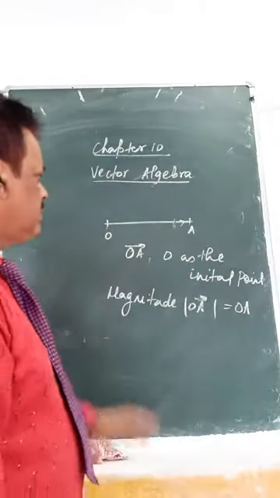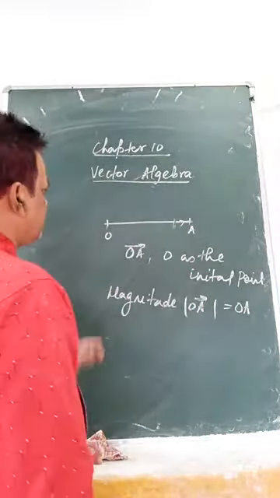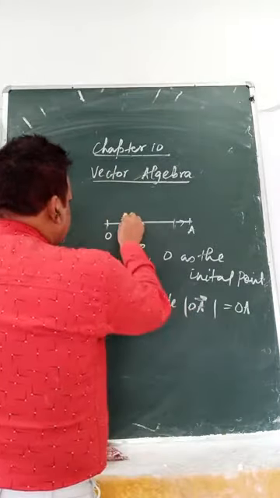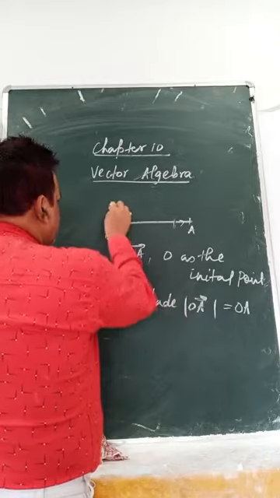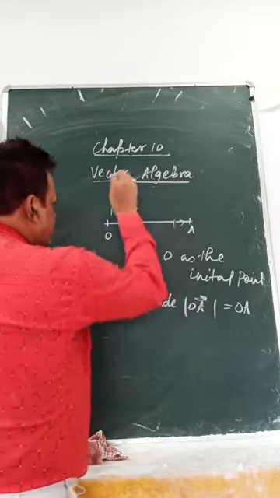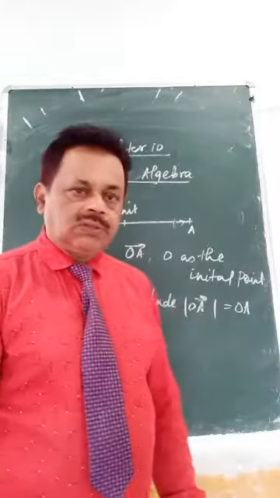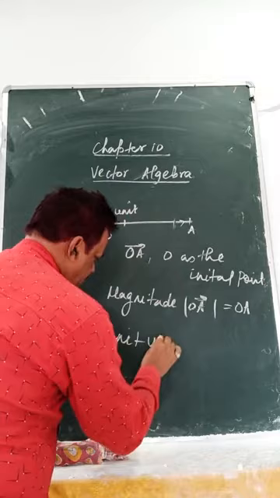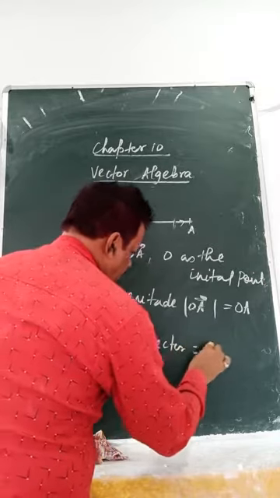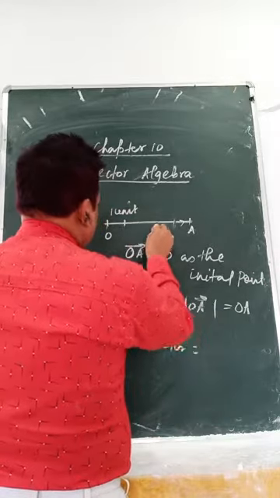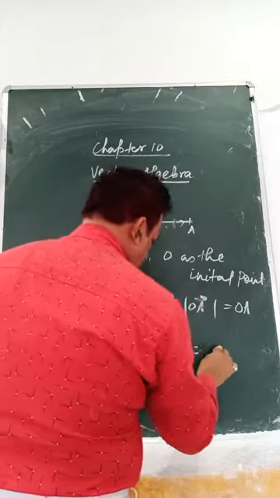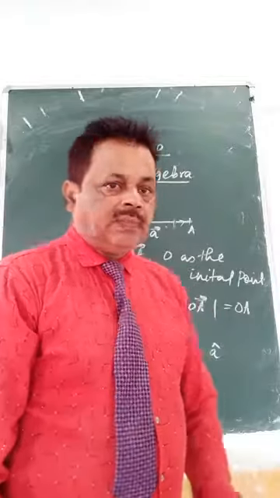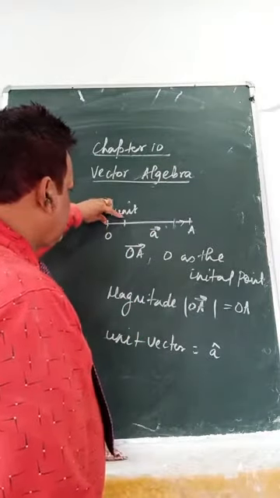Now, suppose this is the total length. I will find a unit length here. Unit means 1 unit. So the unit vector, if I write this as A vector, then A cap is the unit vector.